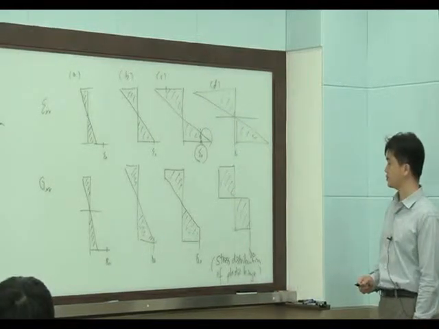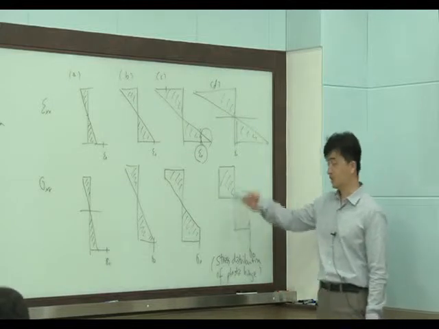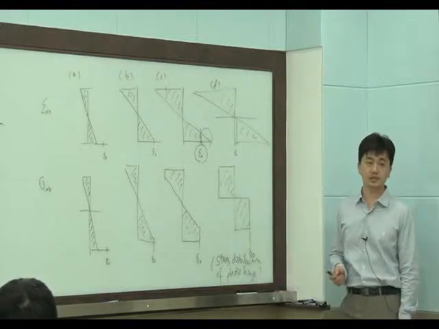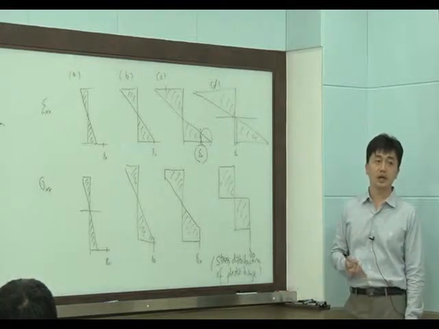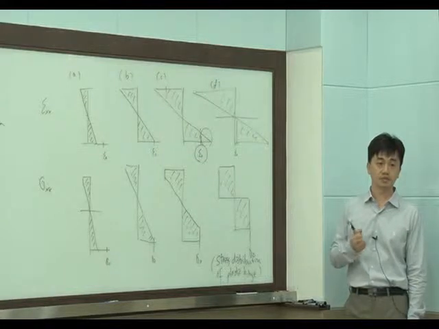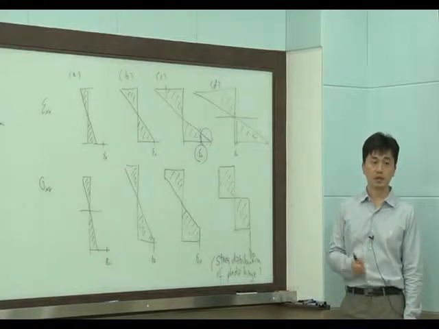So this plastic hinge stress distribution will give us the maximum possible moment of the section.